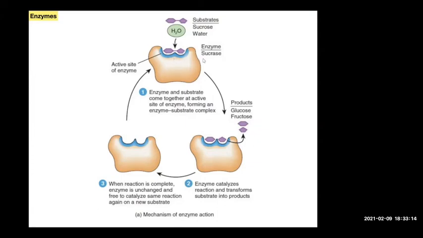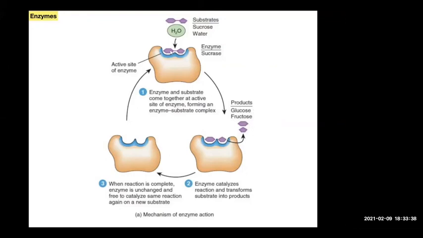The sucrase enzyme holds this sucrose molecule, and it's also going to bring water in there. And what it does somehow is bend the molecule so that it's in a highly unstable state, so that when water comes in, it's able to break the bond from sucrose into glucose and fructose.